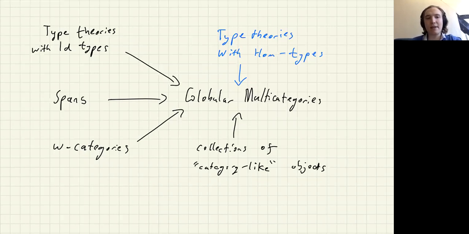In the type theory, we are used to considering undirected identity types, but down here we have not just omega groupoids, but general omega categories and directed things between them. So this work really is supposed to provide a good context to talk about the type theories with homomorphism types. So they're the type theories that also have this directional flavor.